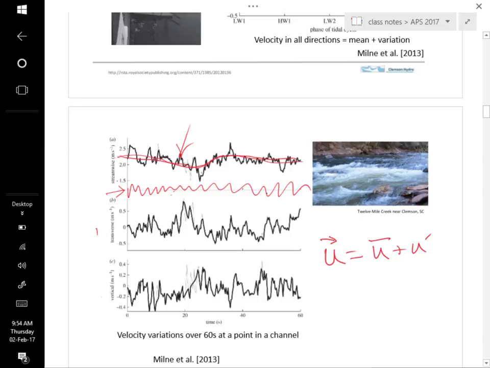And the perturbation is the result of these vortices that are happening in the flow. If we start to look at the perturbations, you can see that they are happening at a variety of scales. Maybe this is one here, a large perturbation, and then here's another.